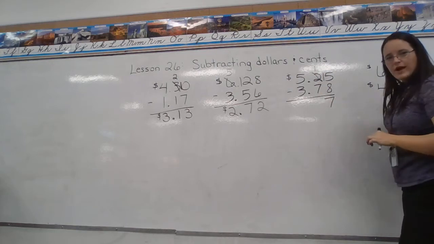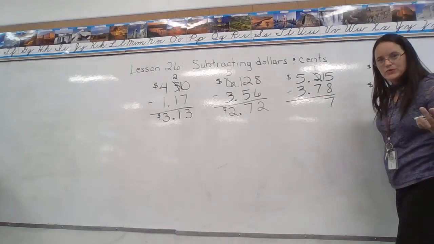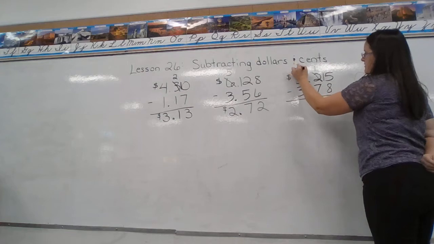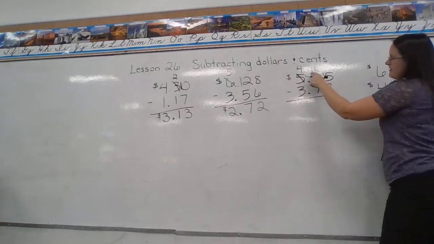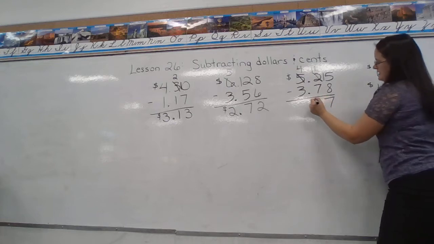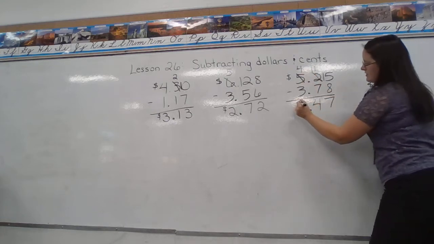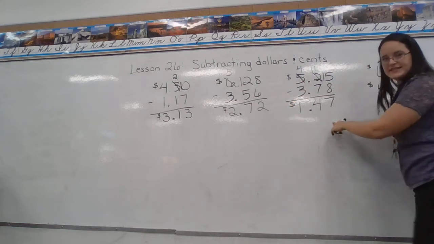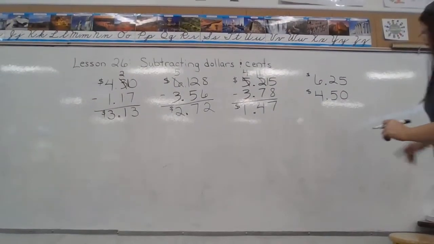If I have 1 dime, can I give 7 dimes to you? No, I can't. So I have to borrow again. Now I'll have $4 and we'll sneak that 10 dimes in there. 11 dimes minus 7, I'll have 4 dimes left. And then $4 minus 3, $1.47.